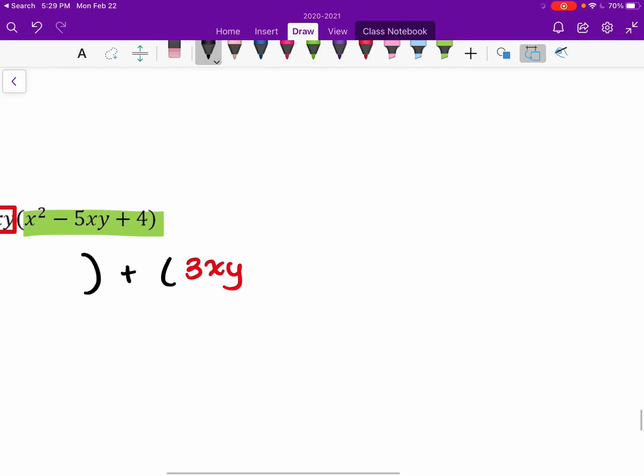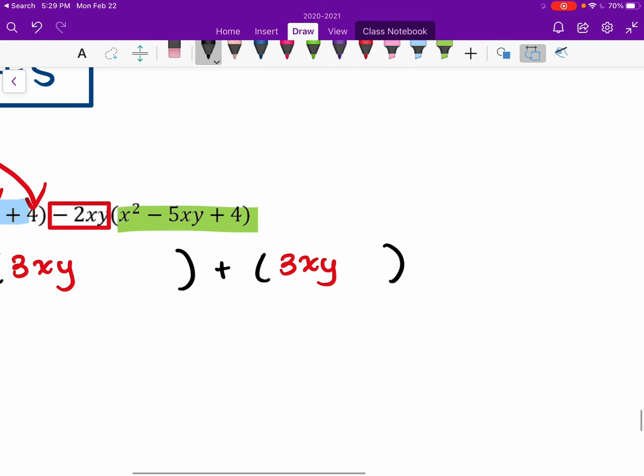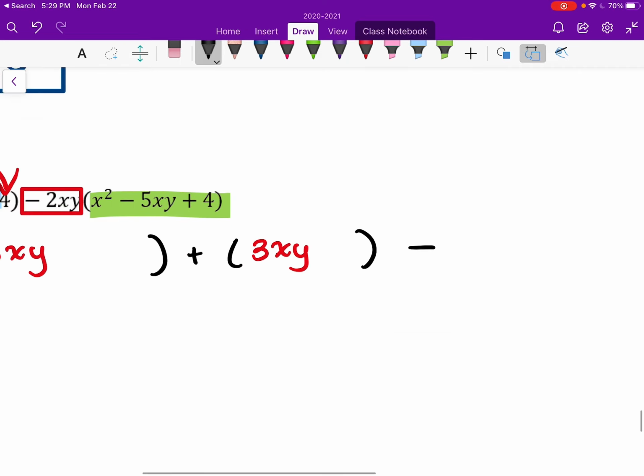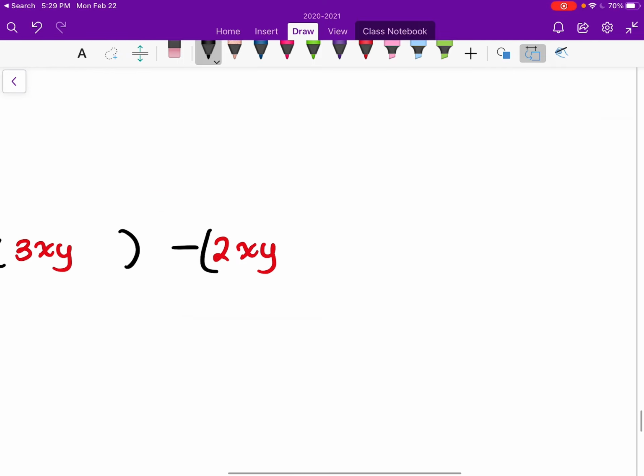Right, let's close the bracket here because we multiply by something. Minus 2xy, 2xy times x squared. So I'm just going to close this again.